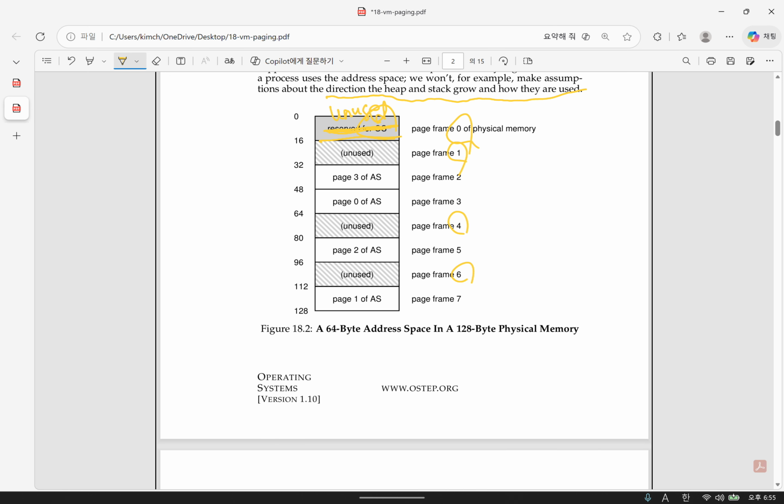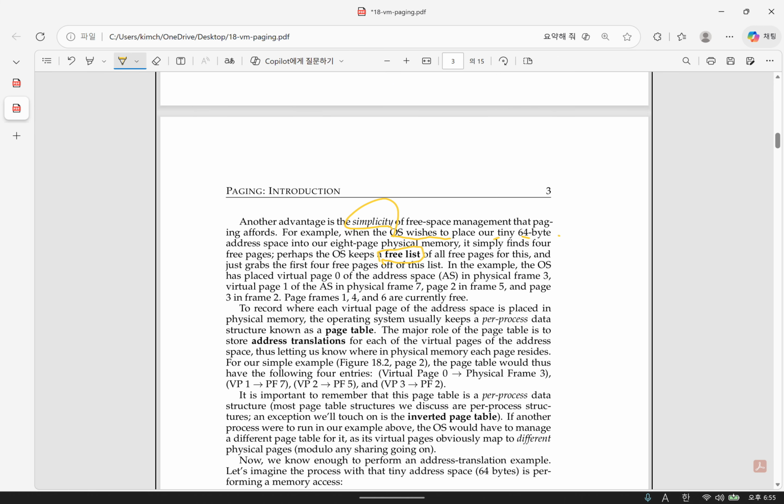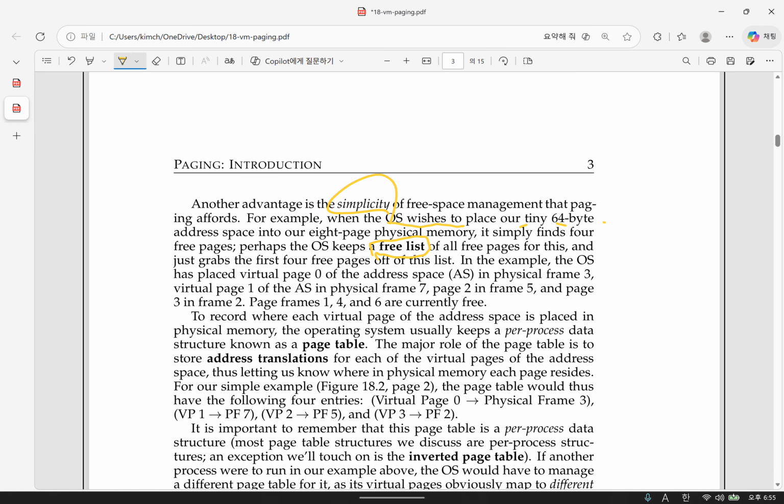But if we do say it's unused, yes, and then there are indeed four free pages. The free list of all free pages is kept by the OS, and it just grabs the first four free pages of this list.